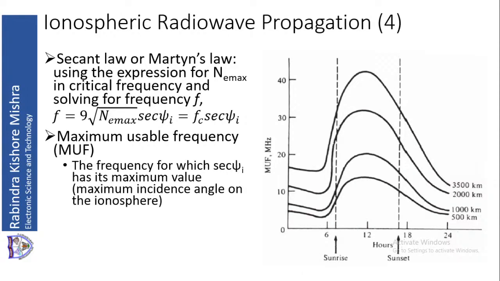Like the maximum usable frequency, there is also something called the optimum usable frequency, which we use to be 50% to 80% of the maximum usable frequency. Why is this done? The reason is, if we always use the maximum usable frequency, depending on solar activity, season, etc. Suppose the maximum usable frequency is 40 megahertz and we are using 40 megahertz.